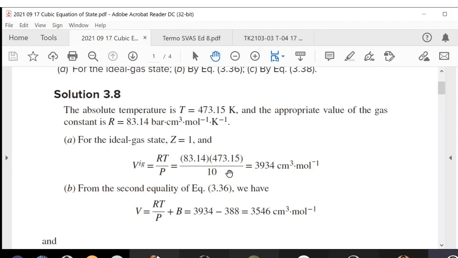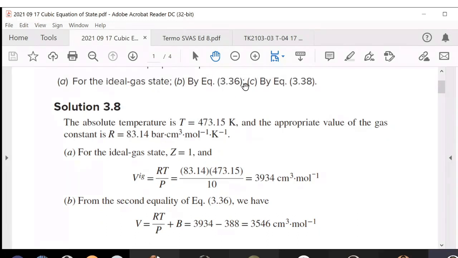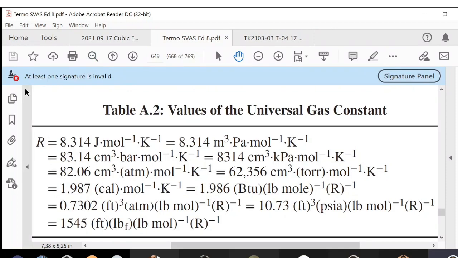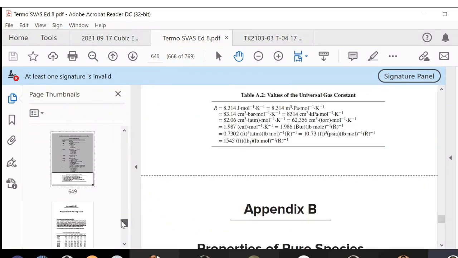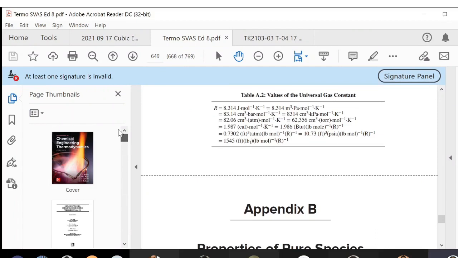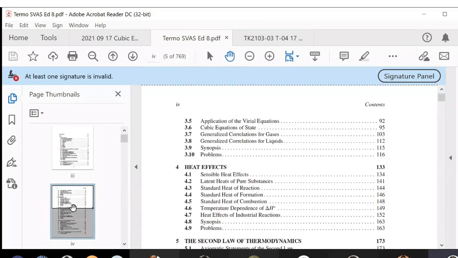And then we use equation 3.36, let me open this. Equation of state. This is a virial equation, page 92.